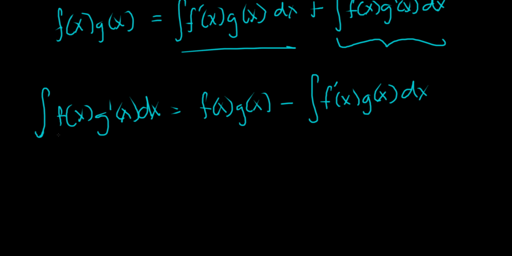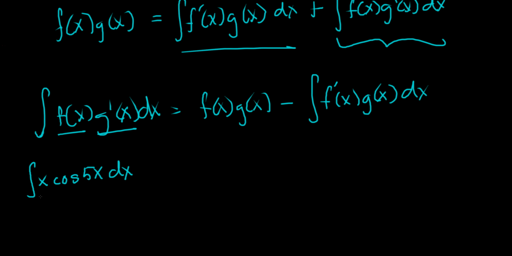We had the integral of some function of x times some other function of x. I know that this is the derivative of x, but that is fine. That can work. And I'll show you exactly how with the example I gave you earlier where we had the integral of x times cosine of 5x dx.